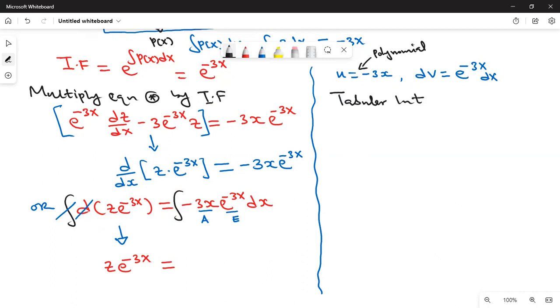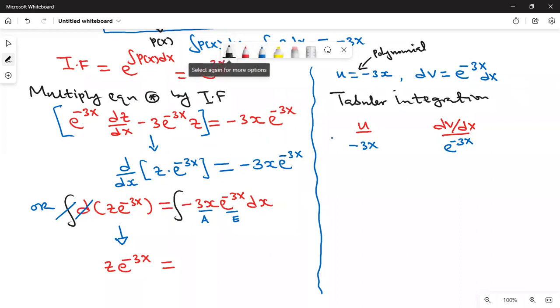Tabular integration is faster than integration by parts. So all we need is u in the first column and dv/dx in the second column. So our u is negative 3x, and dv/dx is exponential negative 3x.